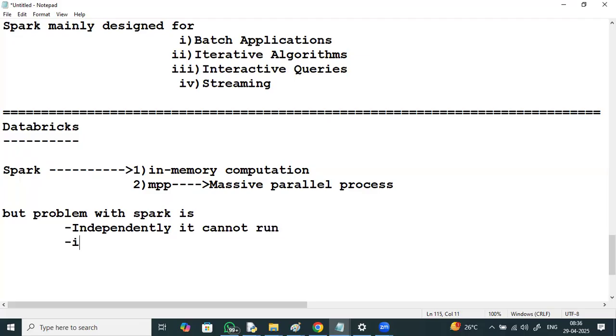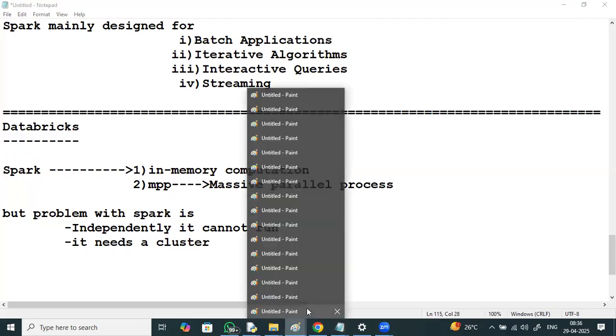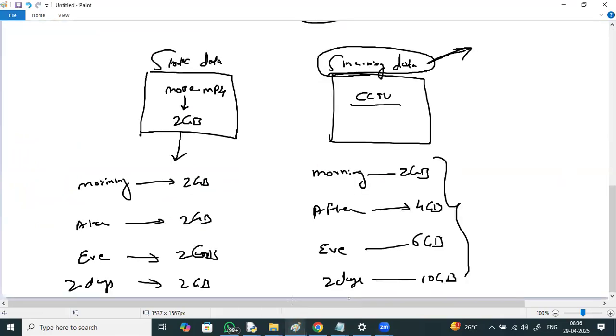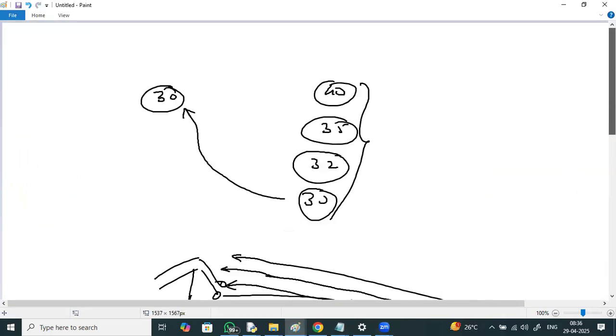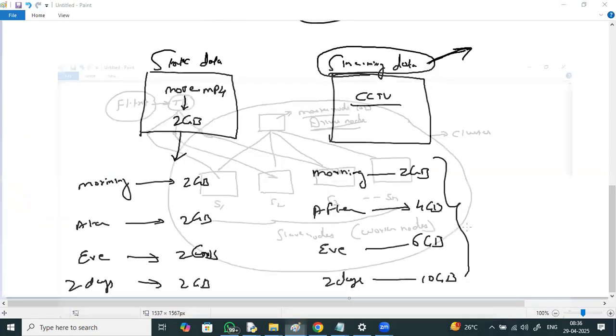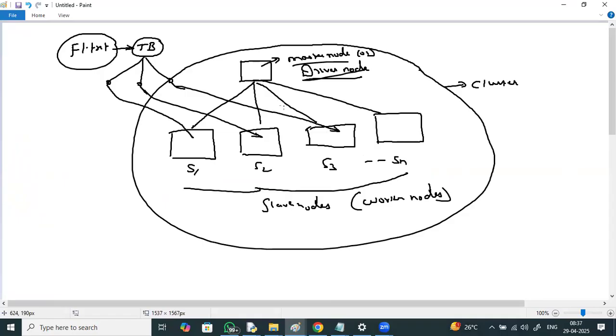It needs a cluster, like the driver and worker nodes I was talking about just now. The driver node and the slave nodes, which are worker nodes.